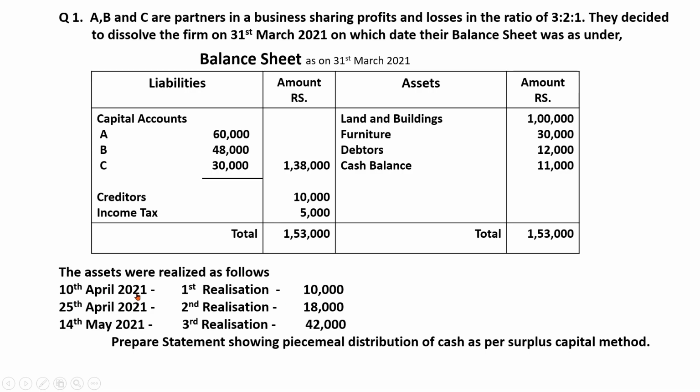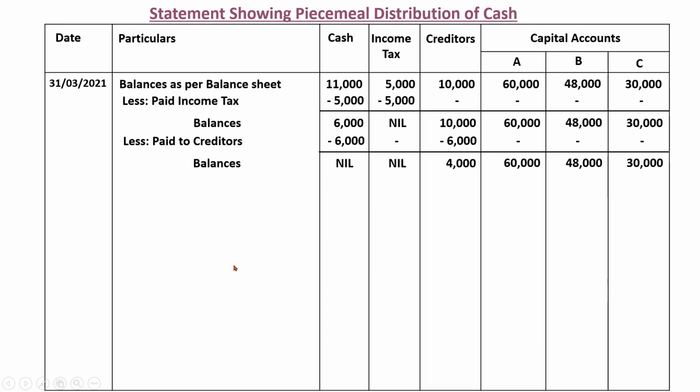So in particular, in date column, we are going to record this date 10th April 2021. In particular column, we are going to write first realization, and in cash column, rupees 10,000. Okay, from first realization.